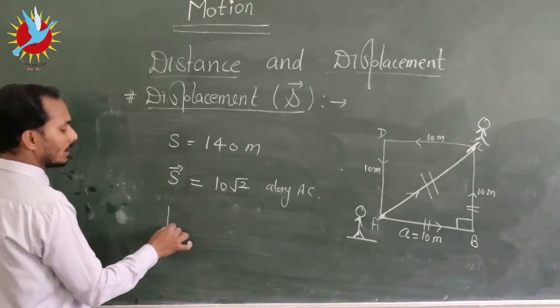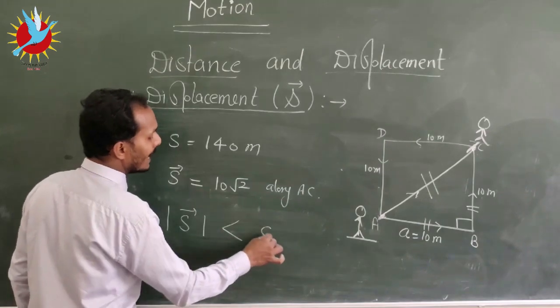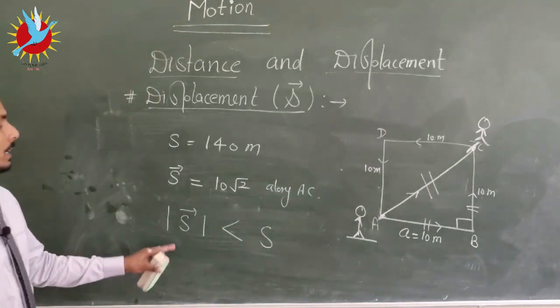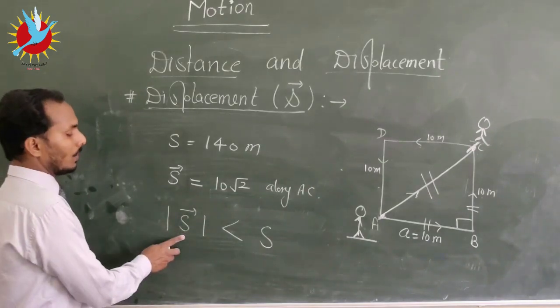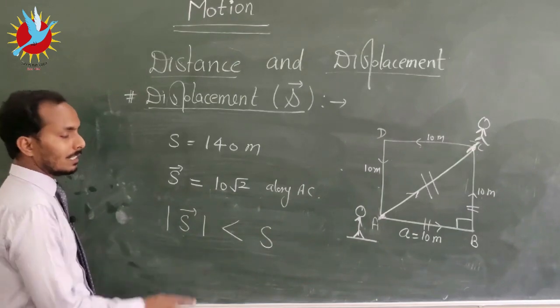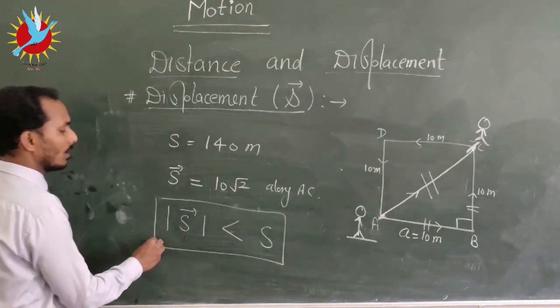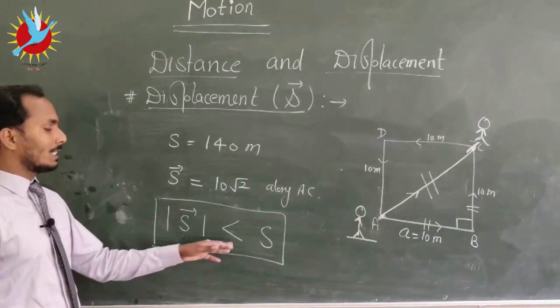You found that the displacement is always less than the distance. Remember this point, this is the first result: the value of displacement is less than the distance.